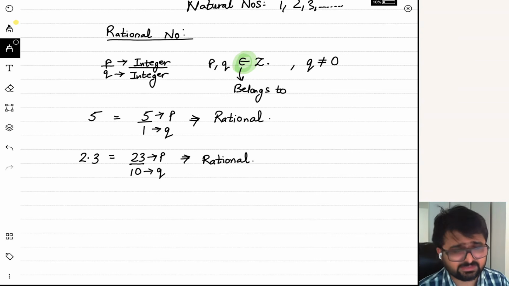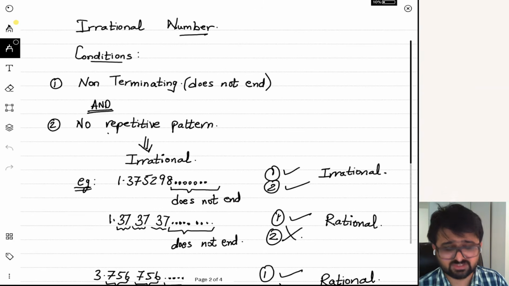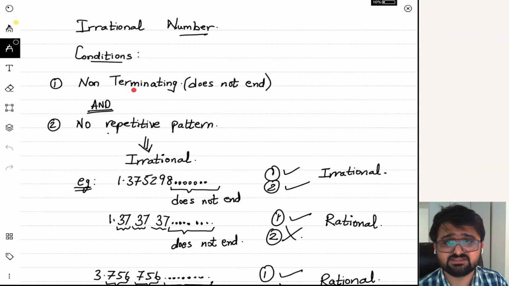In order to distinguish this, it's generally best to first see if the conditions of irrational numbers are satisfied. If I remind you, the conditions of irrational numbers: any number which is non-terminating, that means it does not end, and if there is no pattern at all, such numbers are irrational numbers.